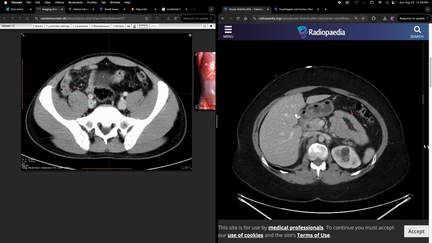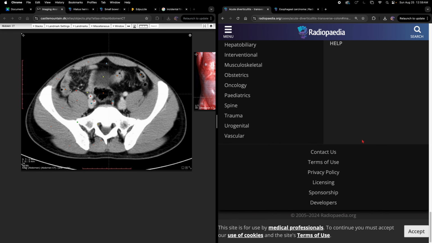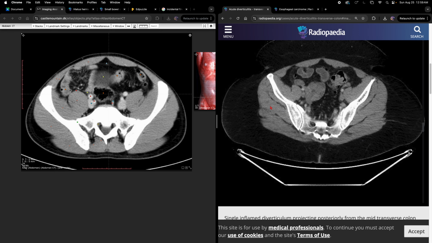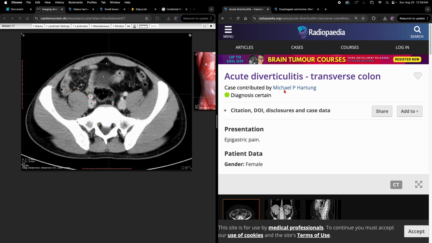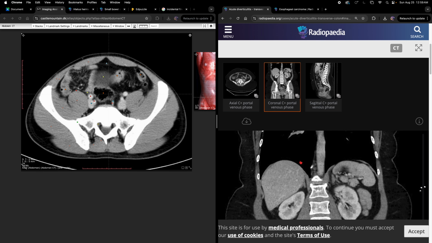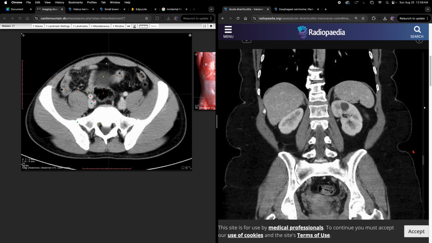Let's find probably a higher one. Let's use this coronal image.